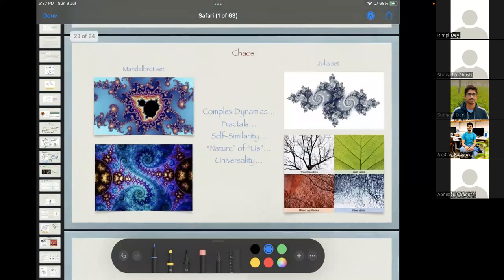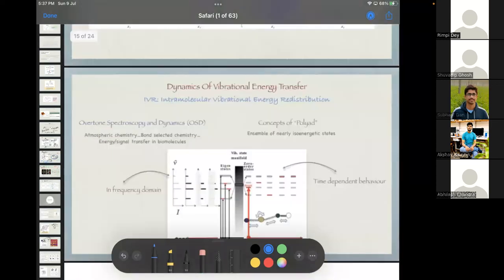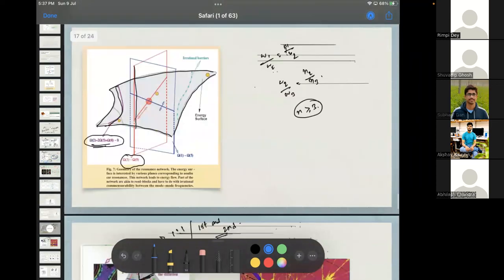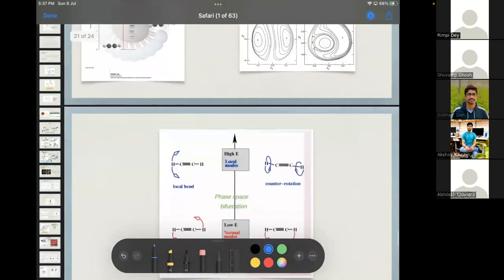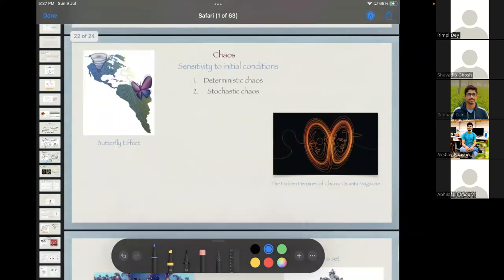So just to complete this, I'm not telling any details here; there are many topics I wanted to cover. Basically, what do we mean by chaos? Chaos is basically sensitivity to initial conditions. If I start 2 different trajectories from nearby initial conditions, after a certain time these 2 trajectories will diverge.